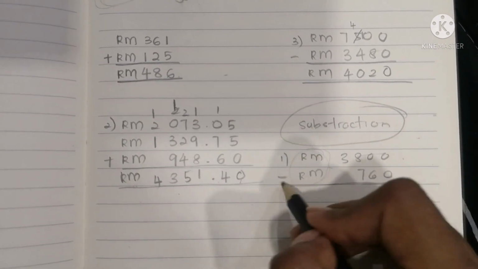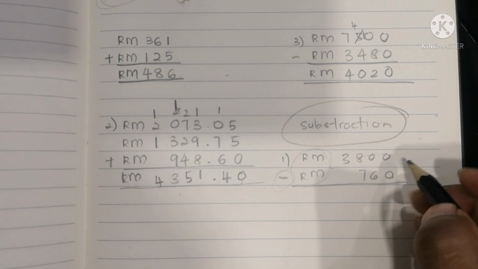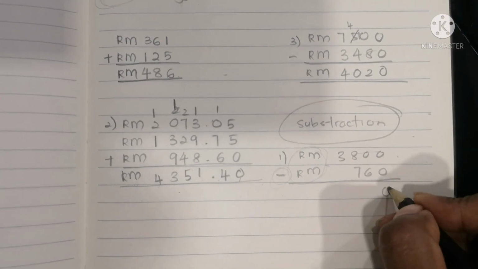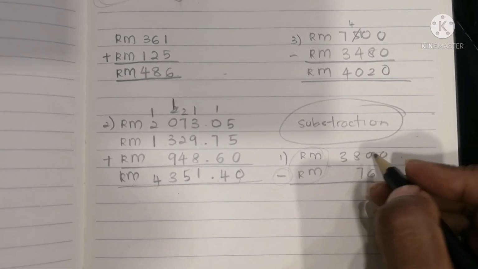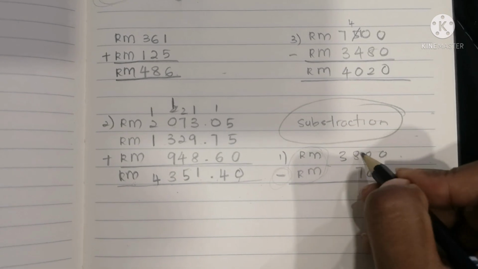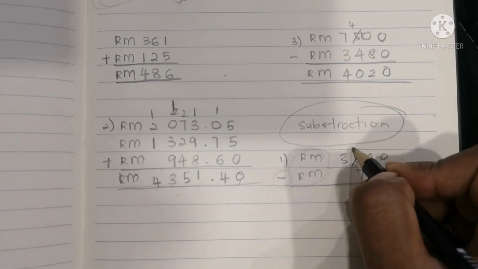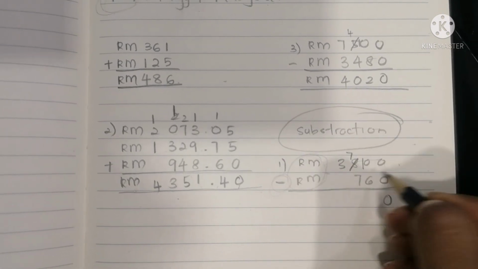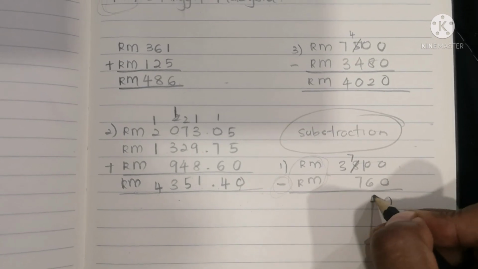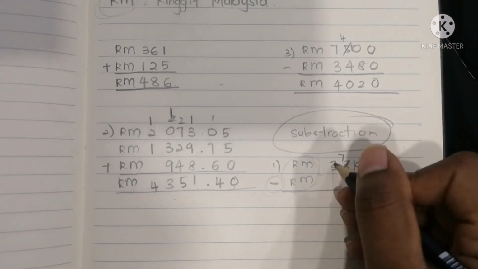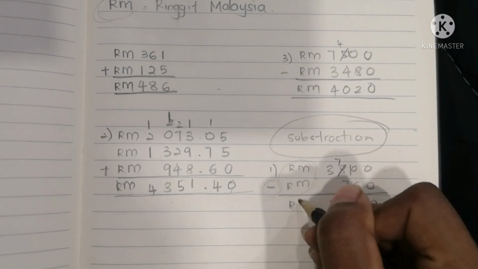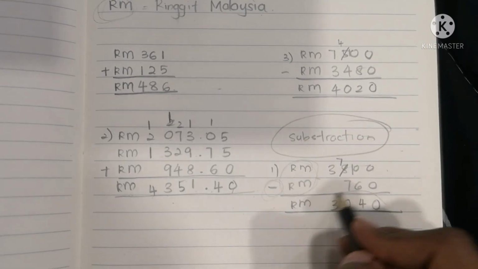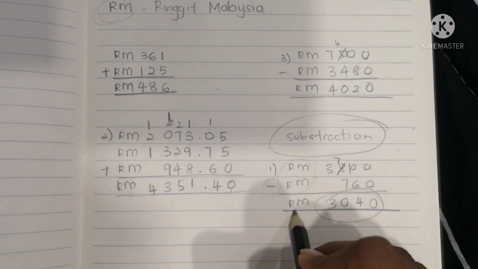This one is most important and then this one is very important. So 0 minus 0 will become 0. Can we minus 6 from 0? Cannot. So we have to borrow from your friend beside this. 8 minus 1 will become 7. 1 give it to here. 10 minus 6 will become 4. 7 minus 7, 0, 3. This is the answer. Don't forget to add RM.